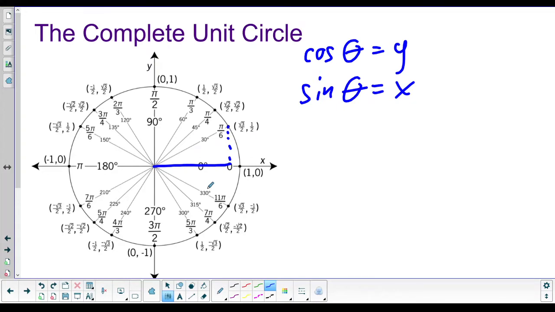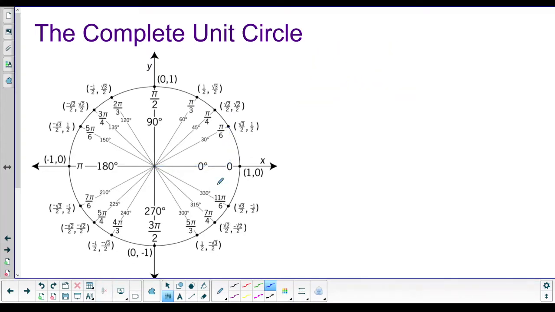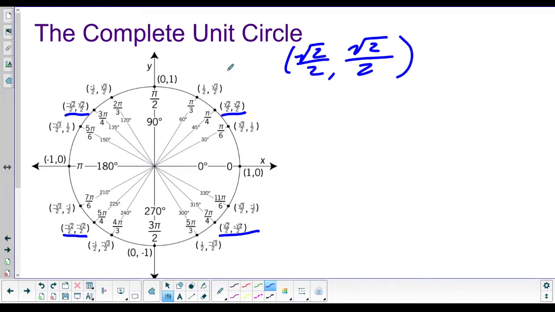Okay, let's take a look at some patterns here. Notice that the middle ones, the 45 degrees, so 45, go 45 past 90, go 45 past 180, go 45 past 270, all of them are made of only radical 2 over 2's. And depending on the quadrant you're in, the signs match the signs of the axes. So in the first quadrant up here, you are on the positive side of the x-axis and the positive side of the y-axis.